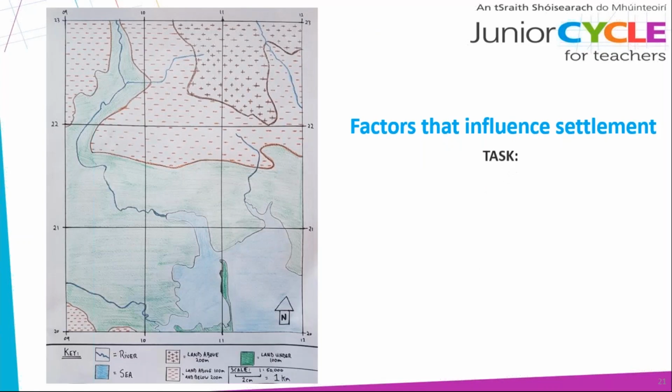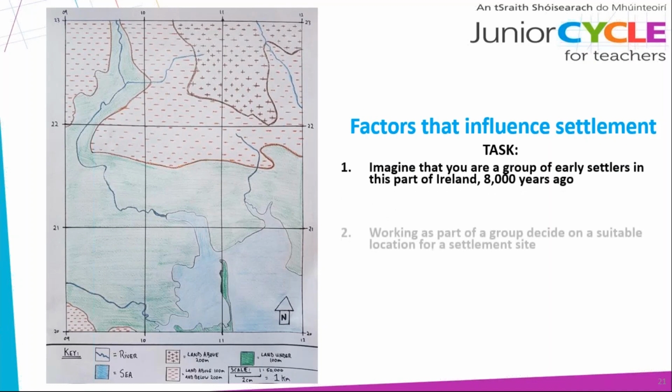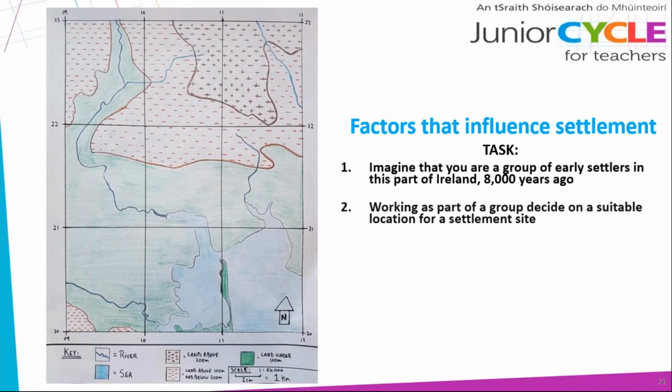In this activity, students are asked, using a sketch map drawn by the teacher, to imagine that they are a member of a group of early settlers in this part of Ireland 8,000 years ago. One way of doing this would be to use a group work activity, which stimulates discussion, collaboration, and critical thinking. The students' challenge is to work as part of a group to decide on a suitable location for a settlement site.